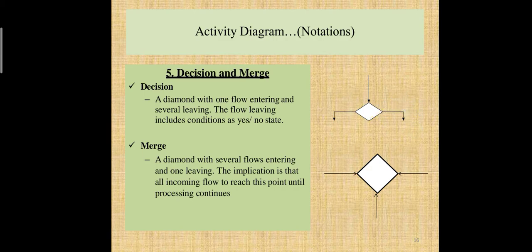In this way, based on the decision, we follow the path. Then the merge symbol is a diamond with several flows entering and one leaving. That means it has multiple incoming and just one outgoing flow. We can merge the multiple inputs and produce only one output. For that purpose we use the merge notation.